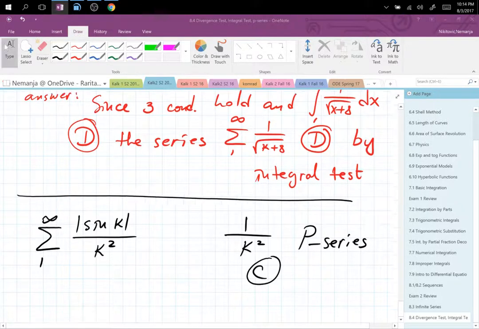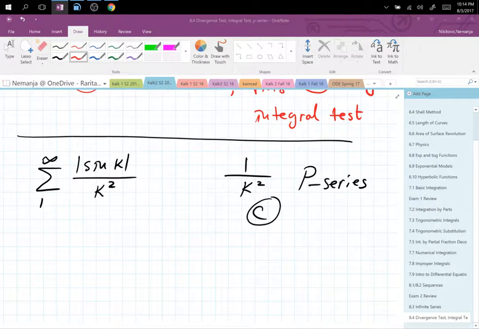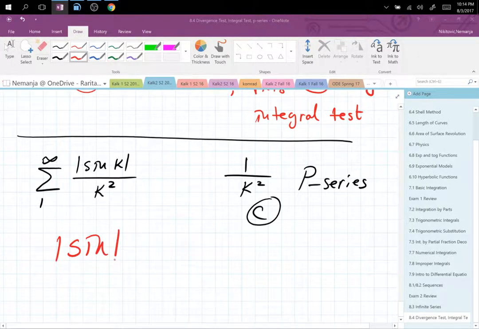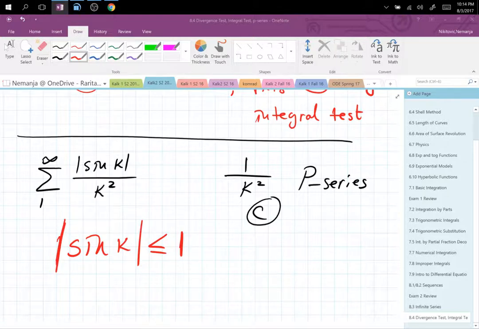So I'm going to write this in blood over here. Absolute value of sine k is bounded by 1. You can replace it by 1 because it can't be more than 1. The most it can be is 1. And if it's 0, does it contribute to the sum? So we don't care, right?